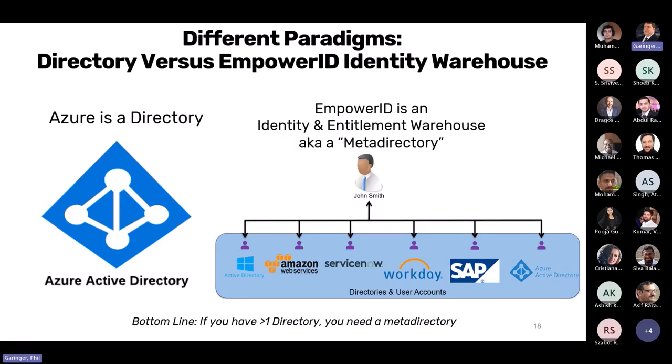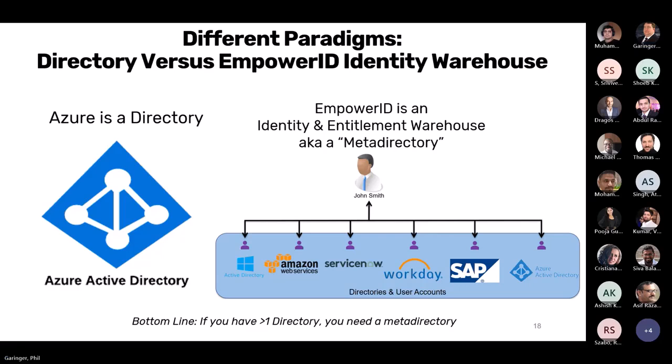Basically, we are going to store the data from multiple different directories, systems, and applications that we're connected to, okay? Whereas you have Azure or Active Directory, some of these others are just a directory. SAP is basically a directory, right? Now you can have a bunch of SAP systems that are all looking at each other, but it's still a single use, it's an application, it's a directory, right?